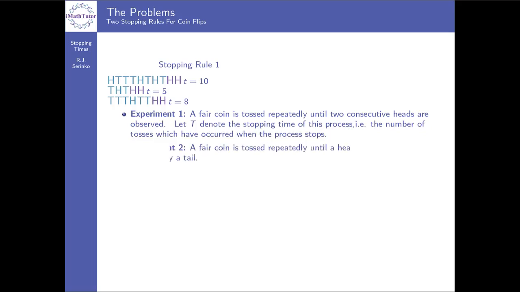The second experiment that was considered in the number file video is a fair coin is tossed repeatedly until a head is immediately followed by a tail. For this stopping rule, we have a few sequences of coin tosses and would stop when you get a head followed by a tail.